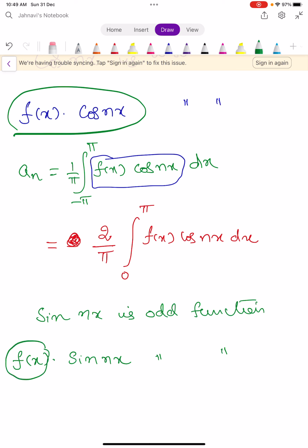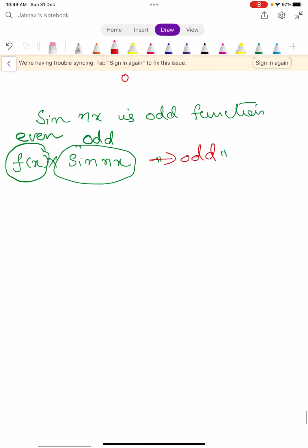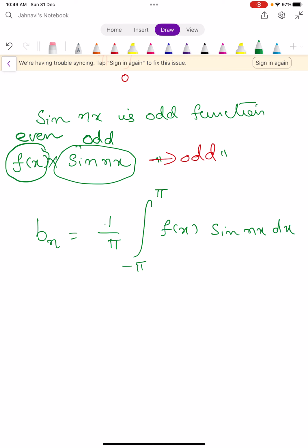But here f of x is even and sin nx is odd, so their product is an odd function. Then the constant bn, which is 1 by pi integral minus pi to pi f of x sin nx dx, completely becomes 0 because this integrand is odd. The integral becomes 0. It means bn is equal to 0.